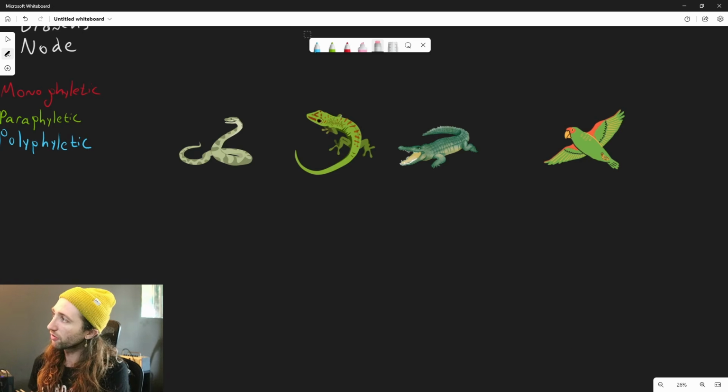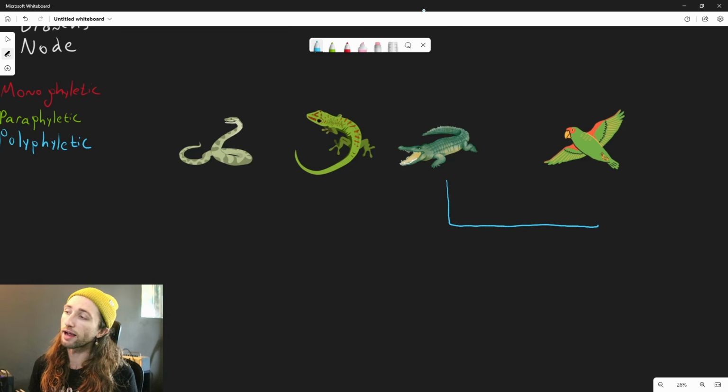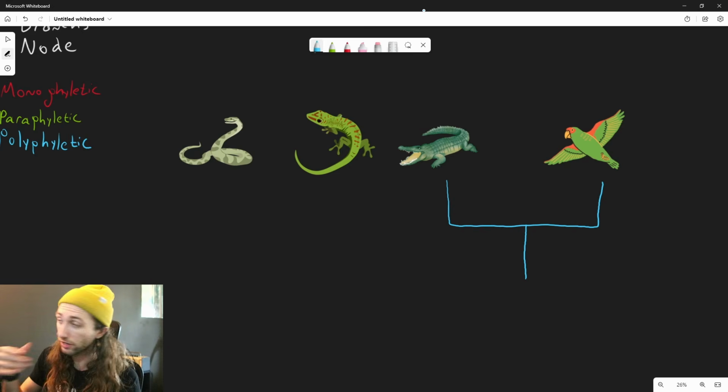So what we actually found is that birds and crocodilians, so alligators, crocodiles, caimans, that type of stuff, are actually more closely related to one another than they are with the reptiles, with those lizards and the snakes, the squamates.